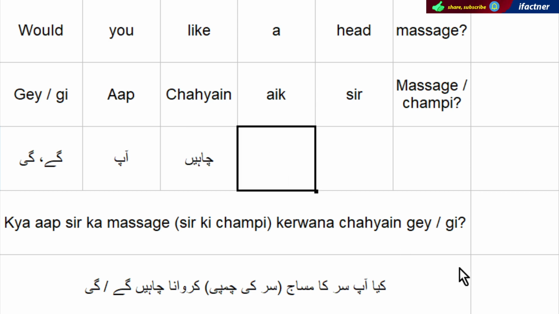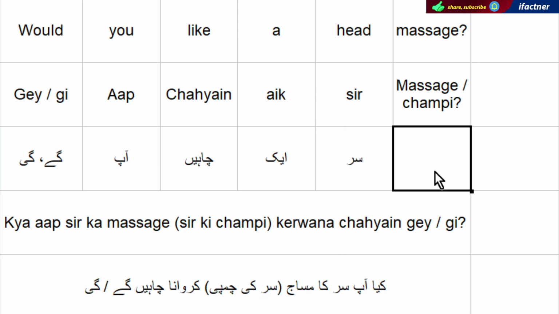A is ek and we typed as alif ye kaf ek. Head is sir, which is typed as sin re sir. Massage can be typed as mim, sin, alif, jim. Massage. And chumpy is che, mim, pe, chotiye.